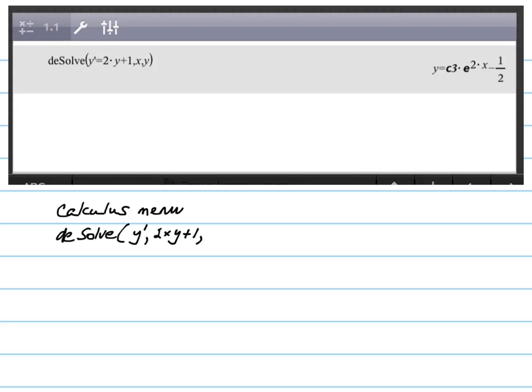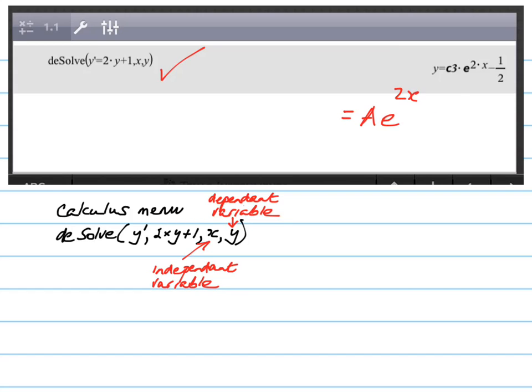Then you put in the function, which is 2 times y plus 1, and then a comma, commas between each of them. And then you put in your independent variable, which is x, and then your dependent variable, which is y. And when you do that, you will get the answer.